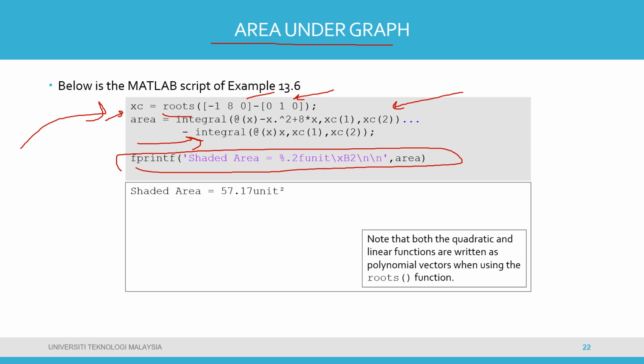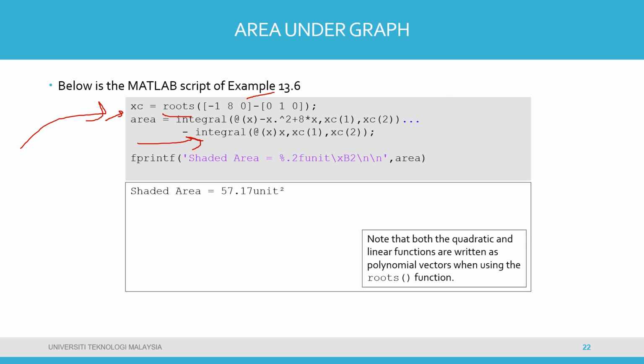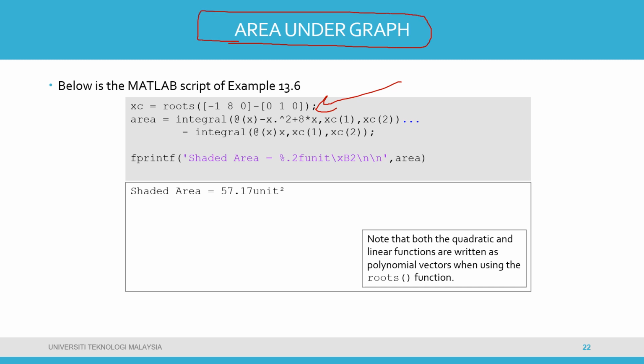Try to understand it first, and then try to do it. For the root, you have to check back your previous chapter, which is polynomial, how to do this. Make sure you know how to get the area under the graph, because maybe the question will ask you how to get the answer.